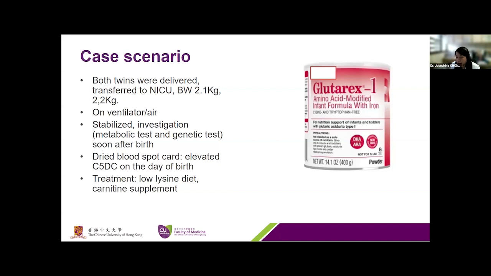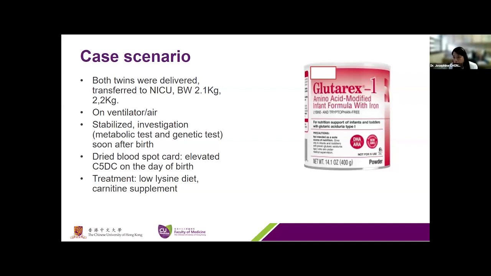MCDA twin, so the other twin could probably have the same condition, and we need to treat the patient despite the other confirmatory testing not being available yet. In that case, it involves a lot of counseling and education for the parents, because the patient is not delivered yet. So we can use this case to illustrate that an earlier genetic diagnosis like this may lead to a lot of post-test counseling.